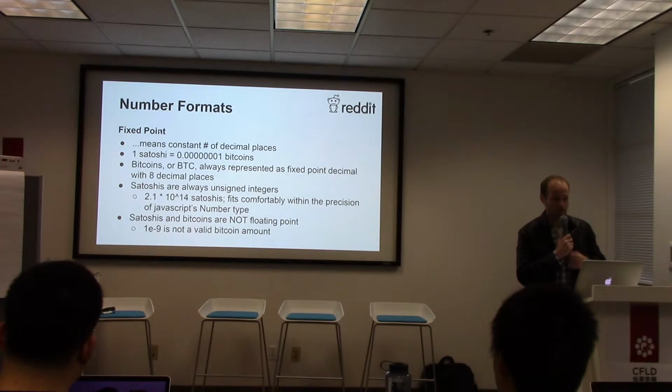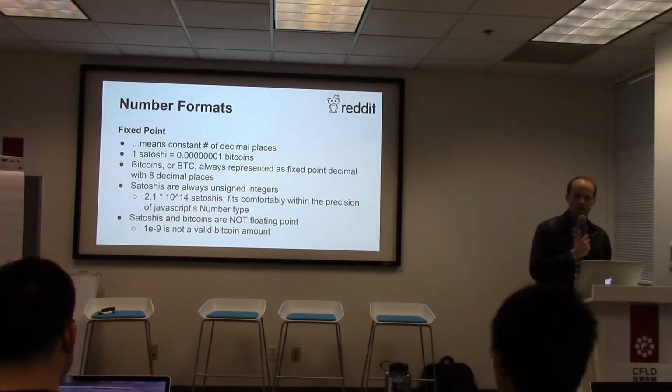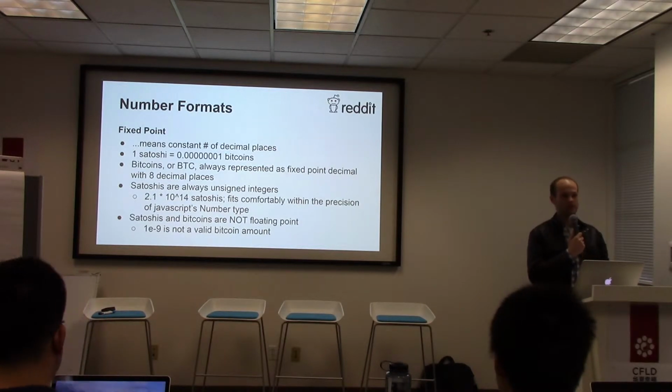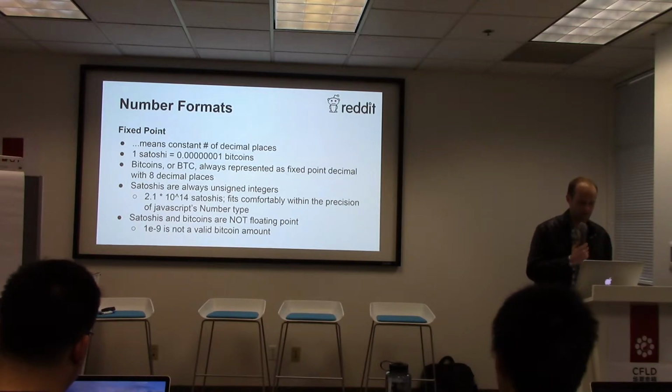And fixed points also occur. Fixed point is where you have a fixed number of decimal places. When you write down a number of bitcoins, that's always a fixed point decimal number. It's not floating point, it's fixed point. They're always exactly 8 decimal places. If you have more than 8 decimal places, it's not valid.